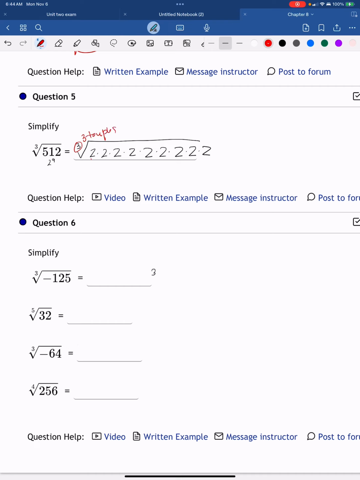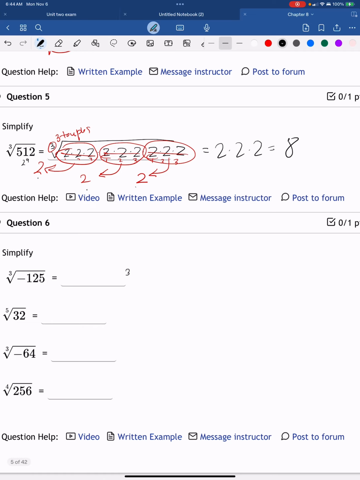So 1, 2, 3, 1, 2, 3, 1, 2, 3. So every 3. And I'm left with 2 times 2 times 2, which is 8.